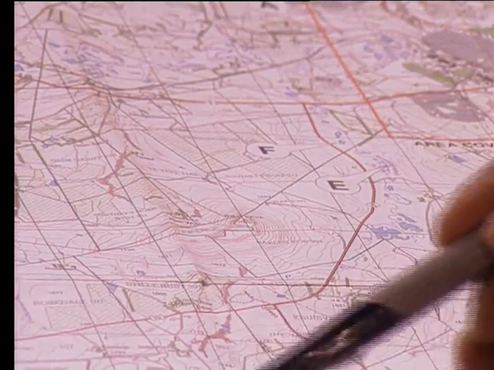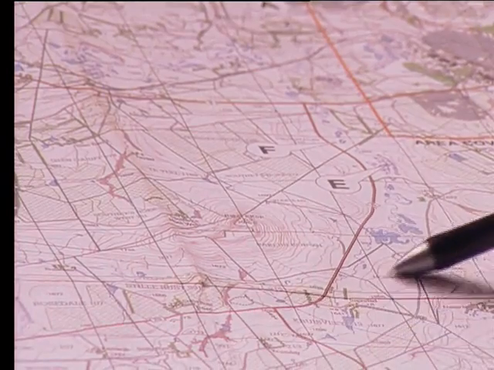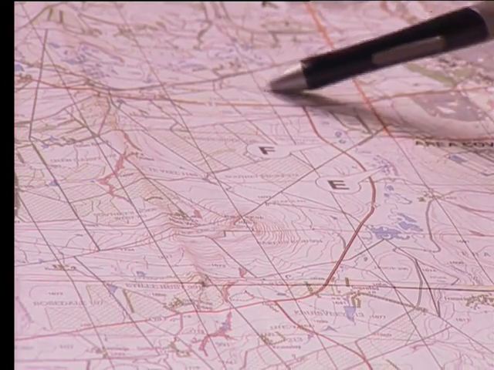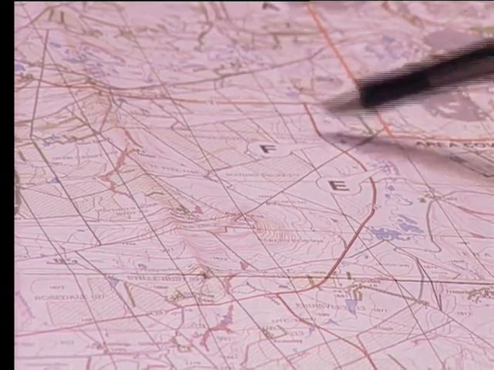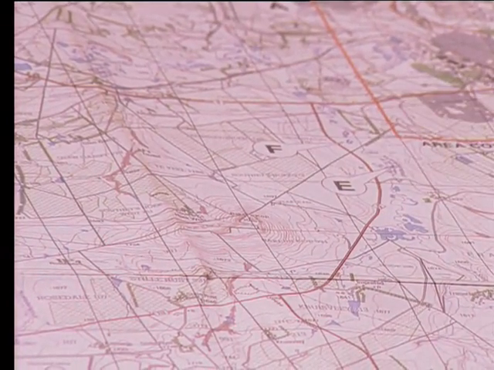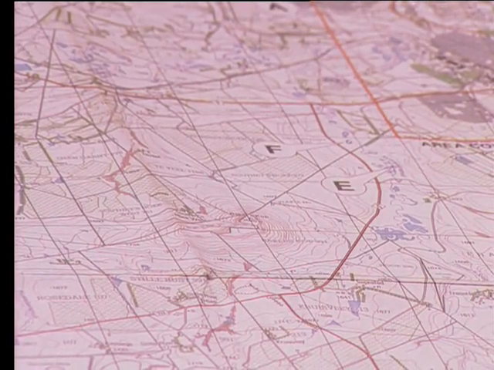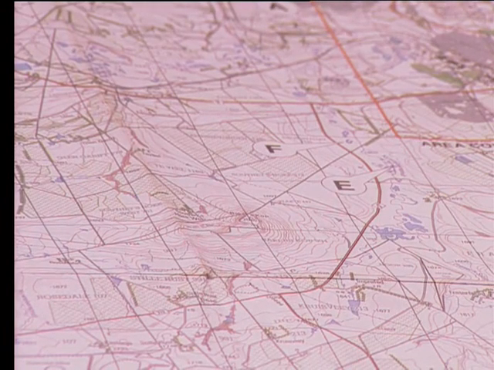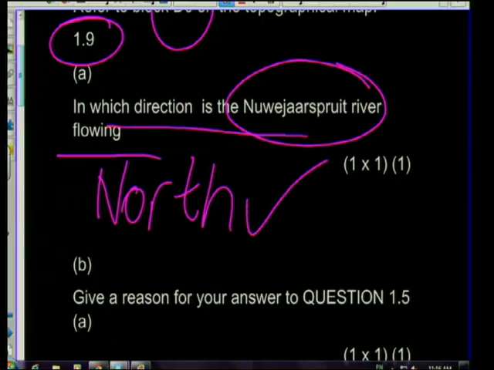Why? Because from the dam moving up, the river's flowing in a northerly direction. But with special reference to block D6, the river flows in a north direction. So my answer to this is north, which would give me the mark.